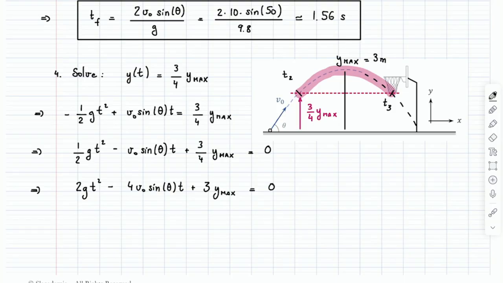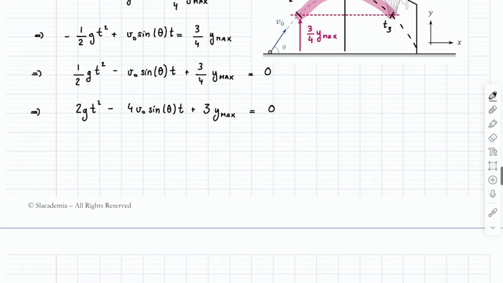Okay. And then from there, we're going to solve this with the formula for the quadratic, right? So quick reminder here, this term here is a. This term here, minus included, is b.